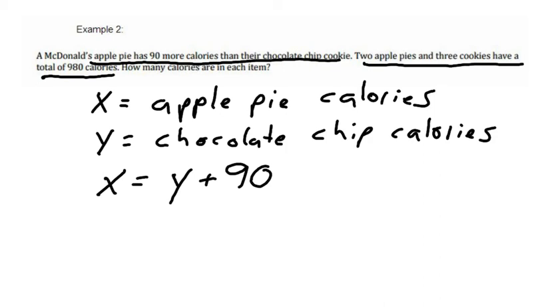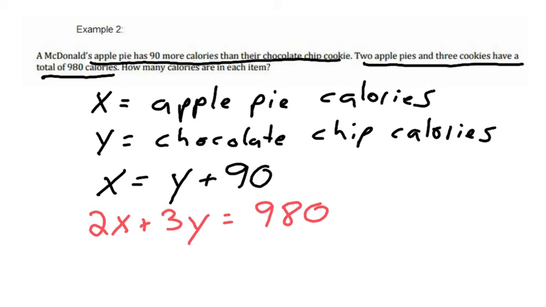I also know that 2 apple pies, so 2x plus 3 cookies equals 980. Okay, so let's stop and make sure this makes sense.